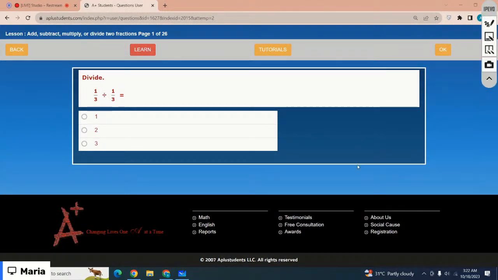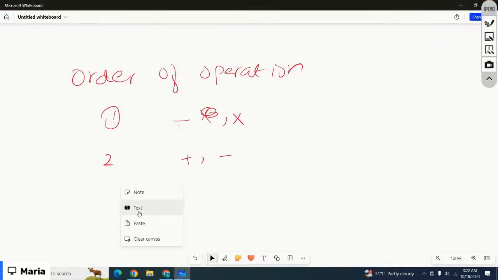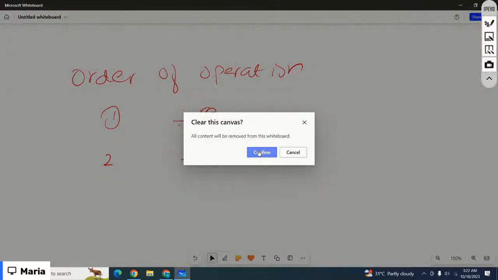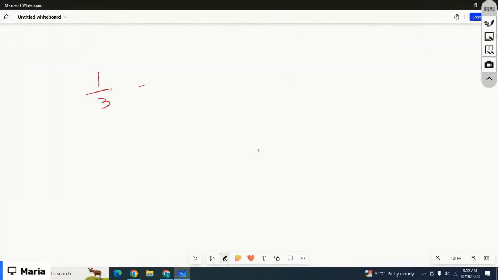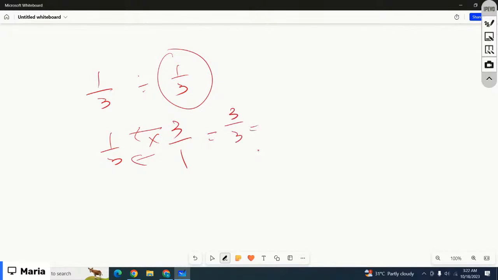Just recall how we divide fractions, right? You need to change that division sign to multiplication and take the reciprocal of the term after. 1 over 3 becomes 3 over 1. So it would be numerator times numerator, denominator times denominator. 3 times 1 is 3, 3 times 1 is 3. The correct option is 1.